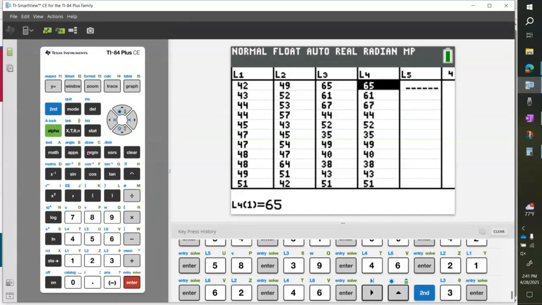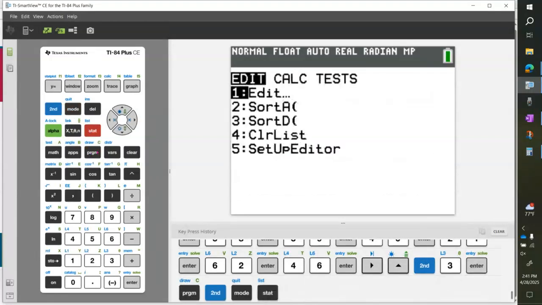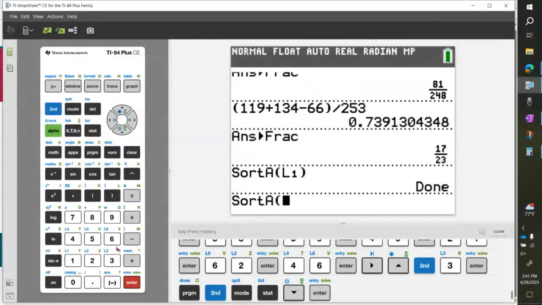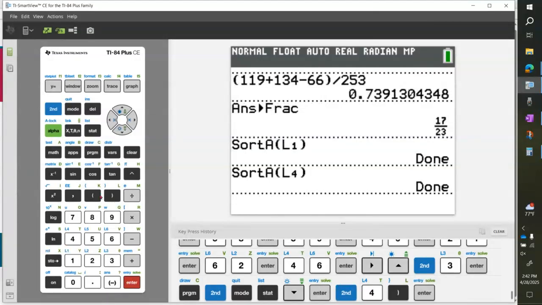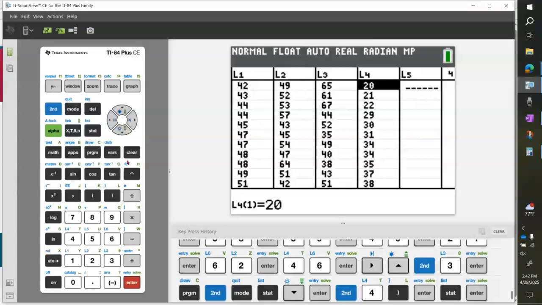I'll go to stat. Oops, that's not the way I want. Go to stat, sort ascending. I said L4, right? You can sort any list. And then go back to stat, edit.